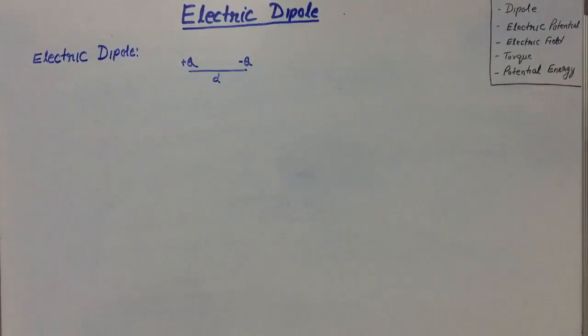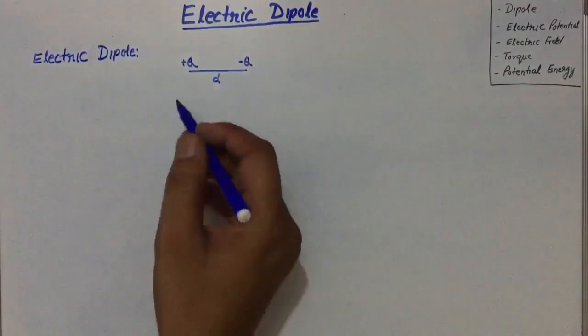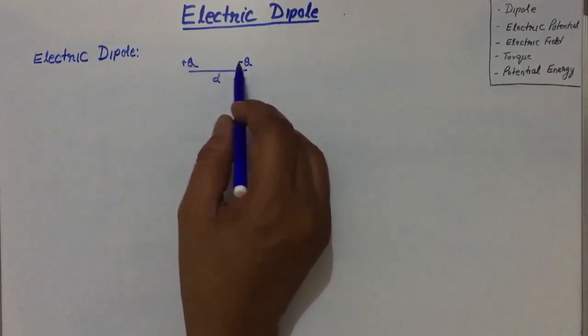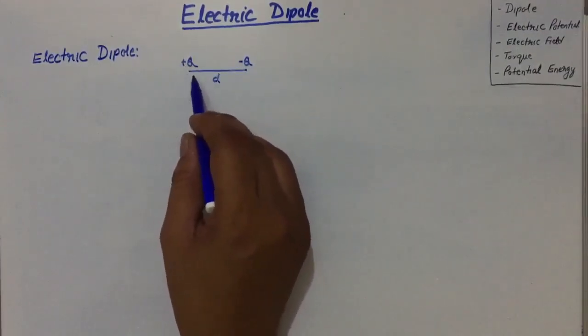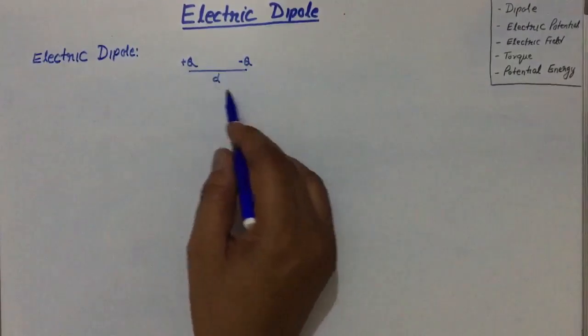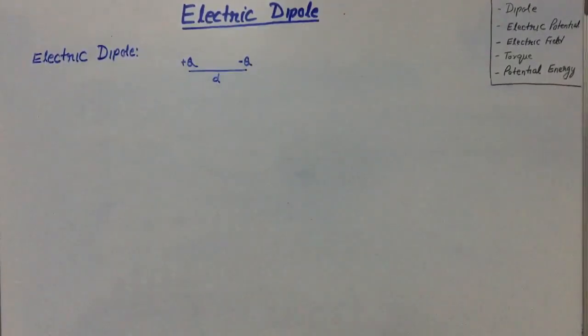If this condition is fulfilled, then they are known as an electric dipole. The condition is that these two charges are equal and of opposite sign with a small separation, and the charges are bound charges.